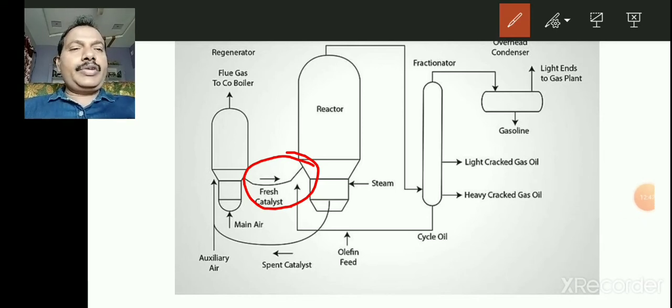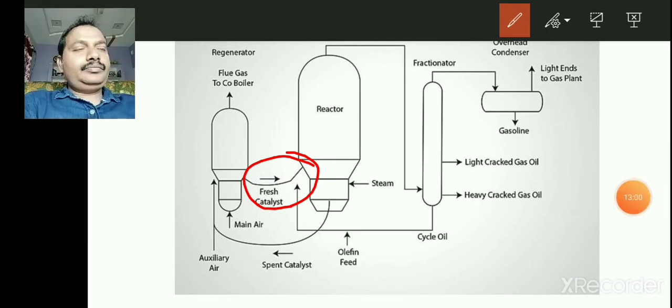If you observe here, the FCC reactor is taking the steam, and the reaction takes place within it. Now you see the reactor is taking the steam, and olefin feed is there to the reactor.